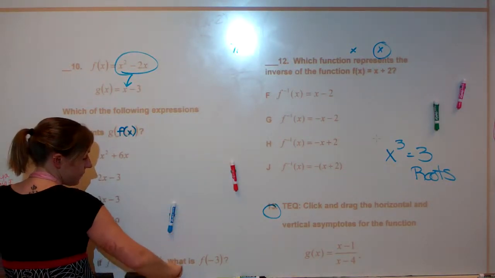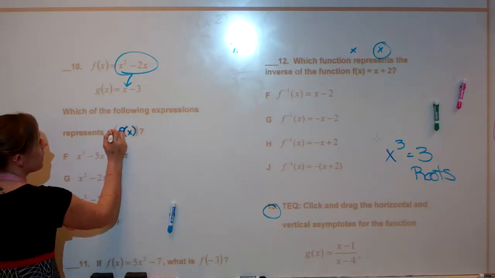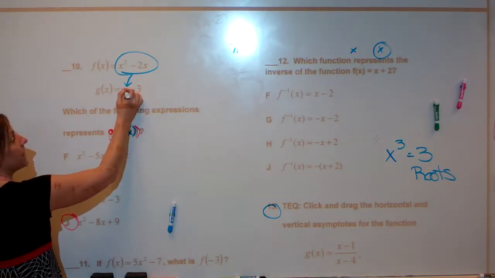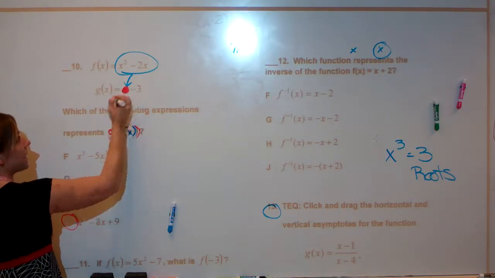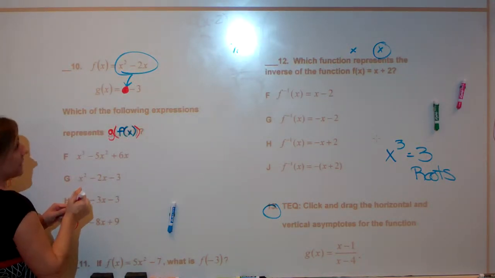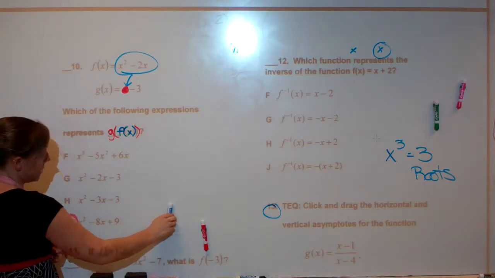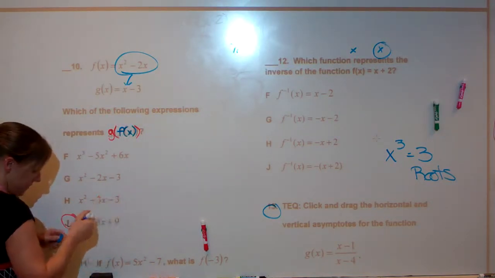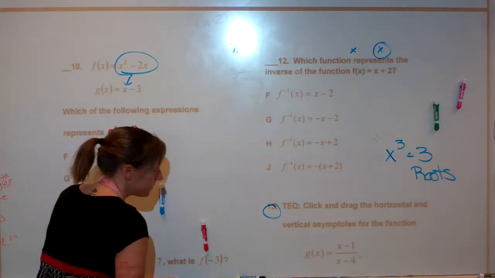So take this, and in place of the x, take that x out and put that in instead. So that just means, and actually, this is more how we would see it.